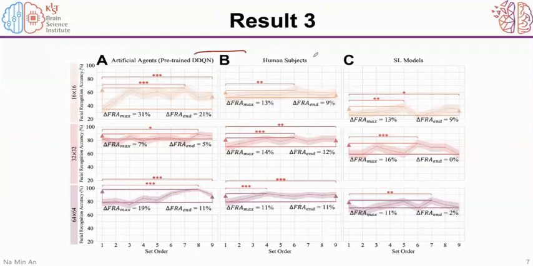Furthermore, although both the agents and the SL models saturated with an accuracy of less than 40% in set 1 for the resolution level of 16x16, only the agents could improve their performances over the following sets, unlike the SL models. For the higher levels of pixel counts, the agents were much more accurate at the first set than the SL models, approximating that of the humans.